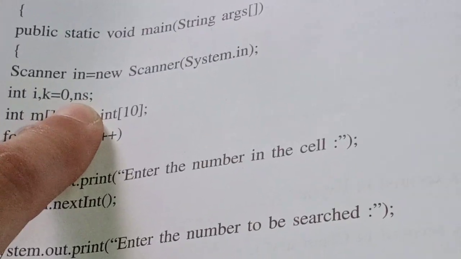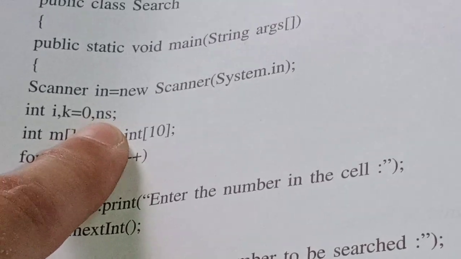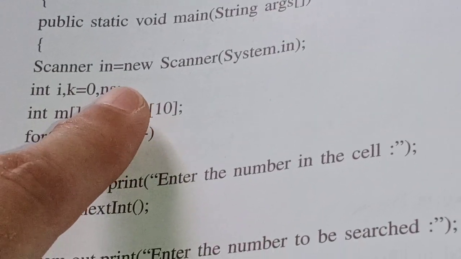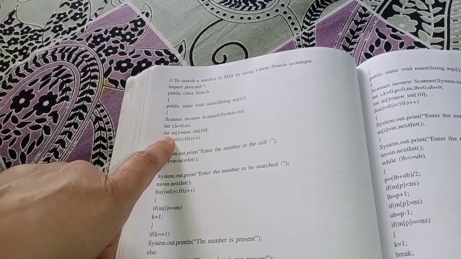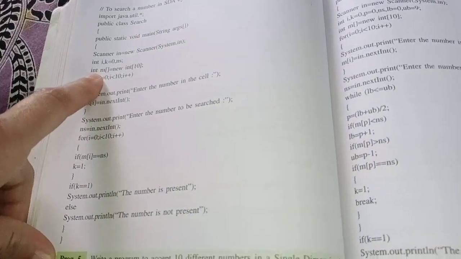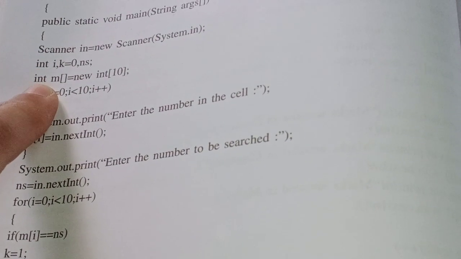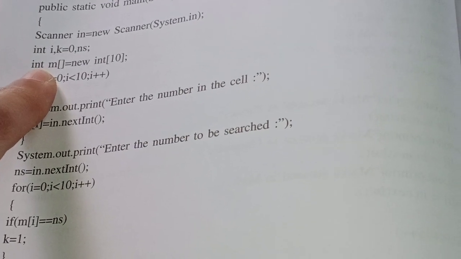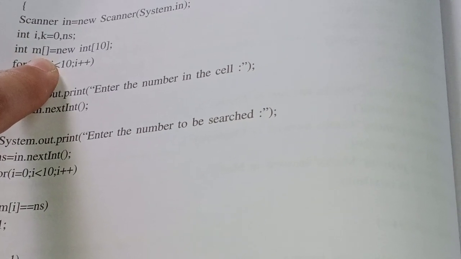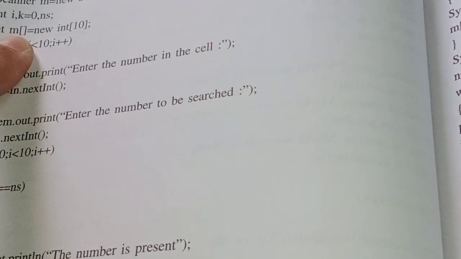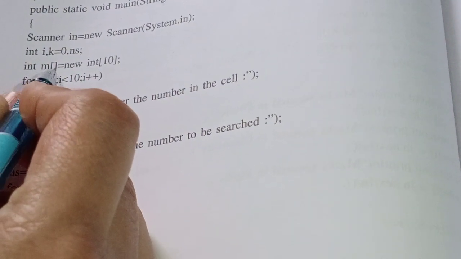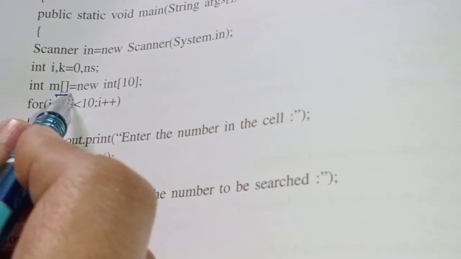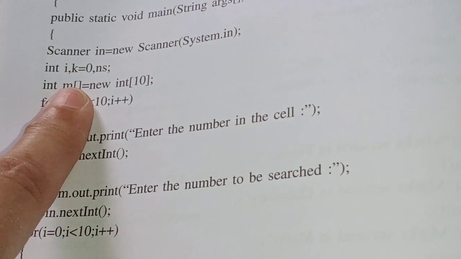ns means number to be searched. Now here one array variable is declared of int type: int m[], subscript means pair of square brackets.